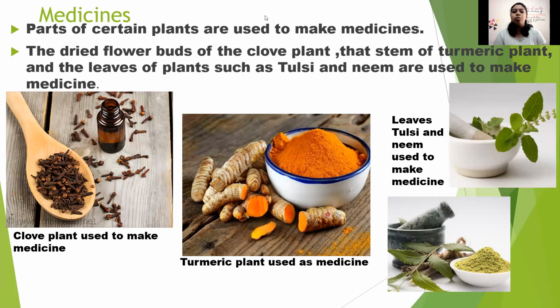The stem of the turmeric plant and the leaves of plants such as tulsi and neem are used to make medicines. So all these, clove, turmeric, tulsi and neem, are very important and they're used to make medicine. See, with turmeric, even if you bang yourself somewhere on a wood or anywhere, the first thing that your mother does is bring some turmeric, mix it with water and put it on the affected place, because this turmeric has such a good medicinal value that when you put it, it immediately brings down the pain and the swelling.